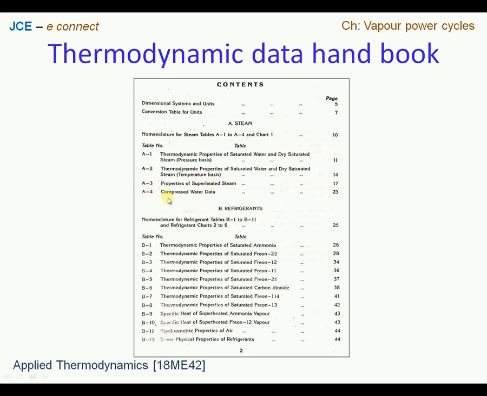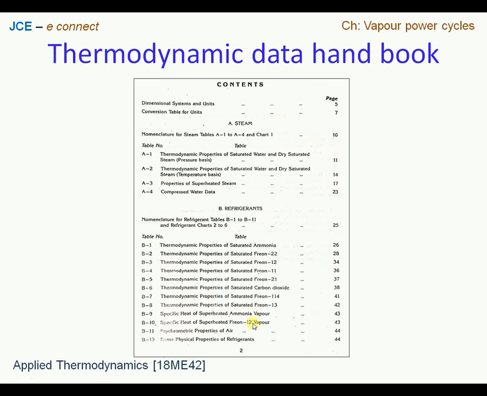And if the given system is lying in the compressed liquid region, then one has to refer to the compressed liquid data. Likewise, we have other working fluids here, and these are the B series pertaining to refrigerants. We have ammonia, freons, and so on. So one can refer to this depending upon the working fluid.